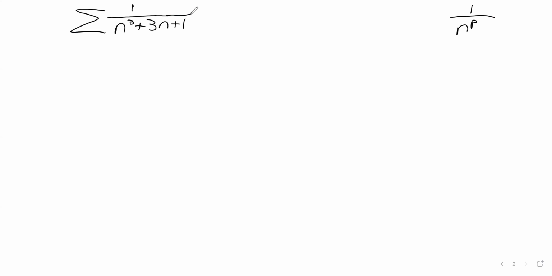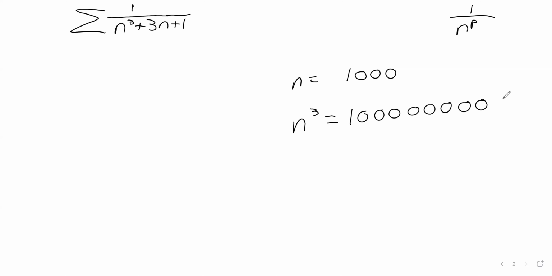I mean, n cubed is obviously not as fast growing as an exponential, but still, when n is 1,000, n cubed will be a billion. A billion is much larger than 1,000.